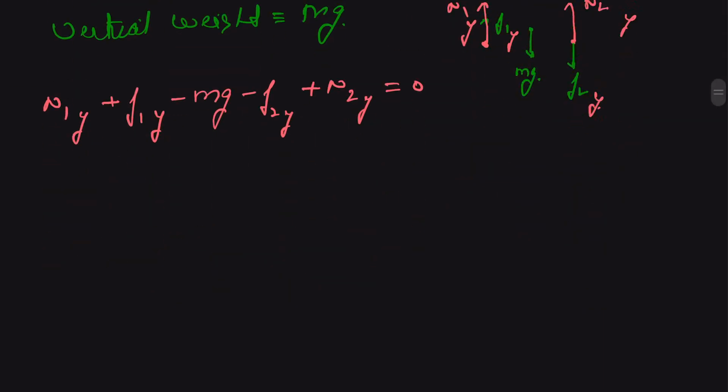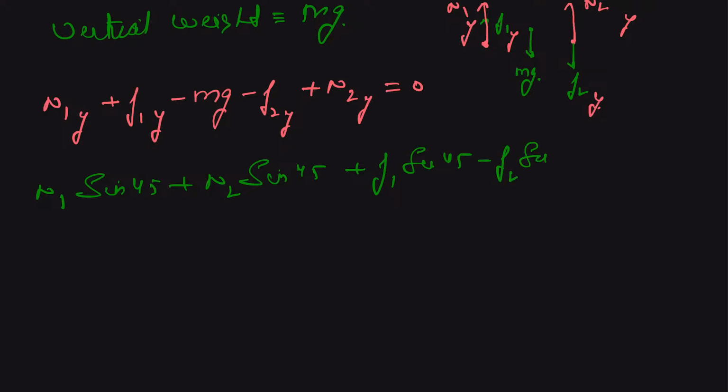Okay. Therefore we can write that our N1 sine of 45 plus N2 sine of 45 plus F1 sine of 45 minus F2 sine of 45, and that will be equal to our mg, and all these sine values will be the same, 1 by root 2, 1 by root 2, 1 by root 2, 1 by root 2. Okay.